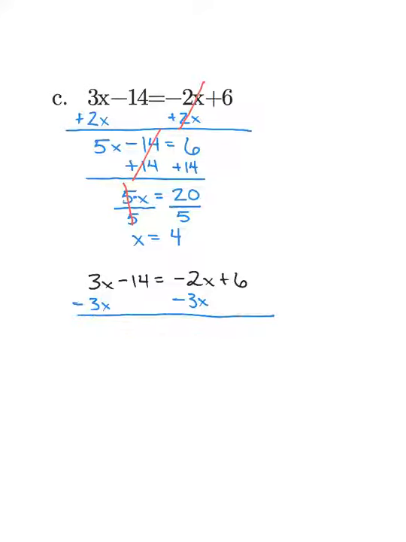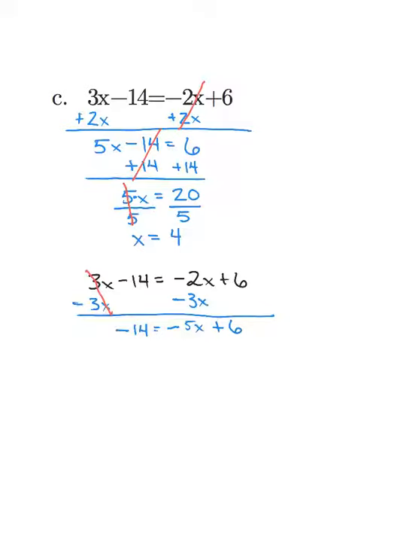If we do this on the left side, my 3x's cancel, leaving me with just negative 14. On the right side, I have negative 2x and negative 3x. We're combining them, so this is going to be negative 5x. Remember that we add and keep the sign. And we still have our plus 6.